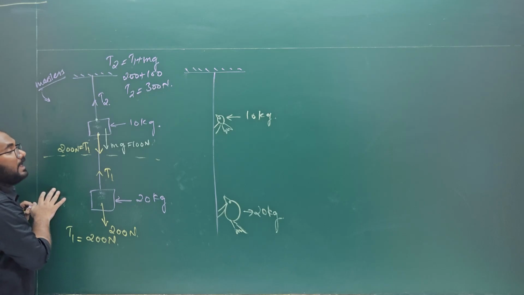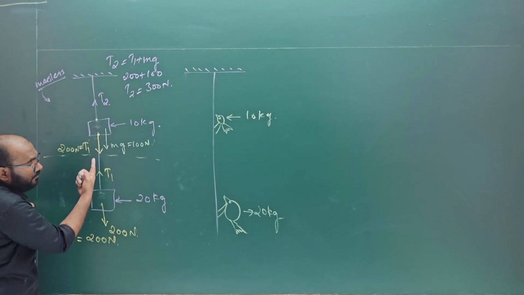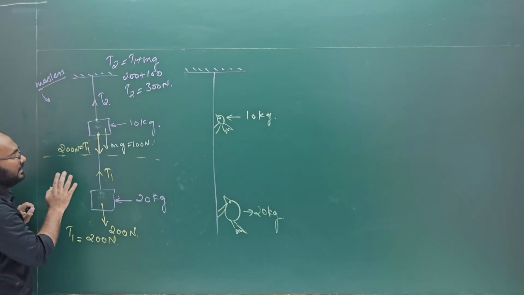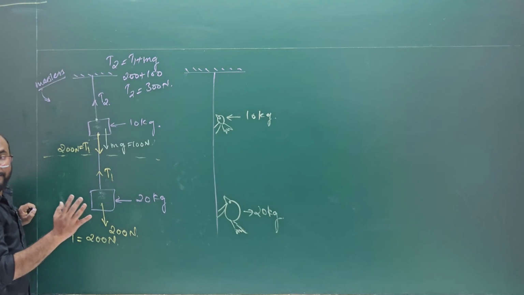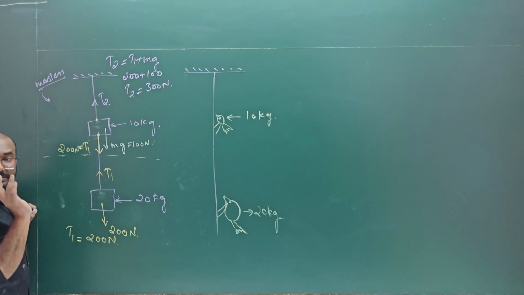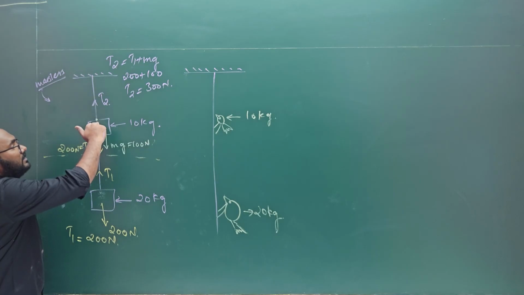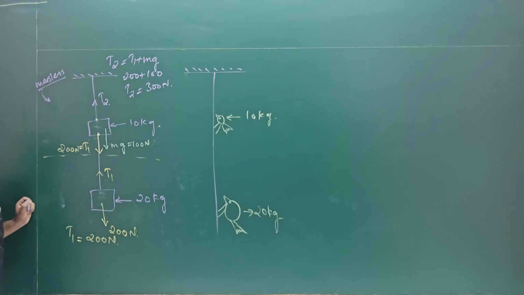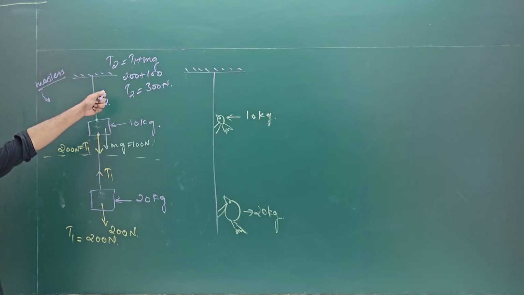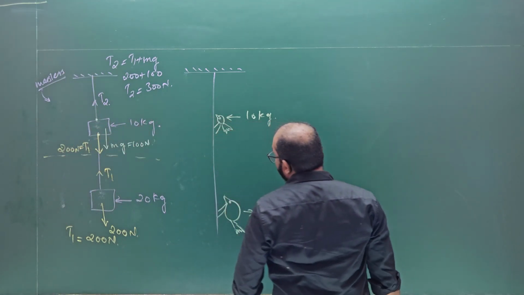And the downward one is the same string we have used in the upward direction. That's the reason we know that tension at all points on a massless string is the same. From here, this is the point of contact in the upward direction. So this is the FBD and we are resolving the forces here. Yes or no? Okay.